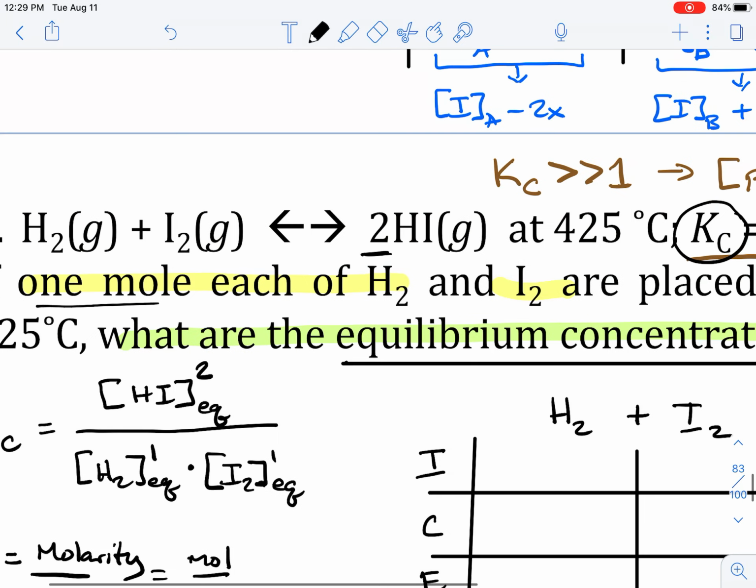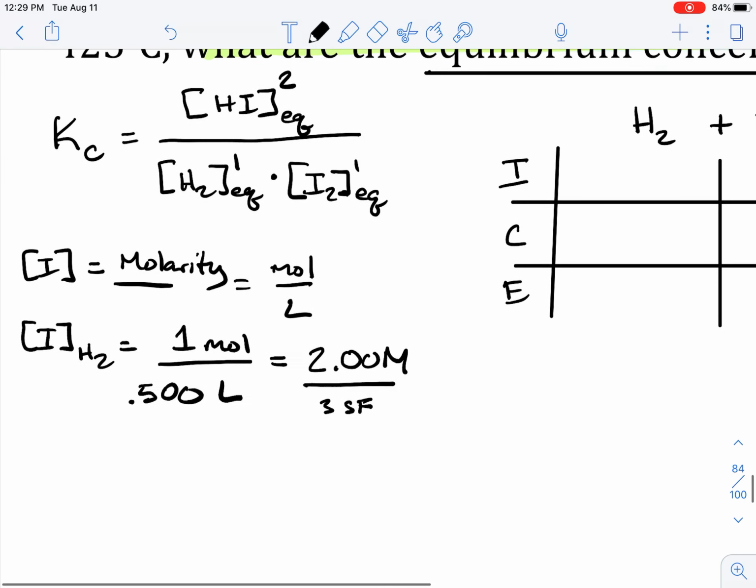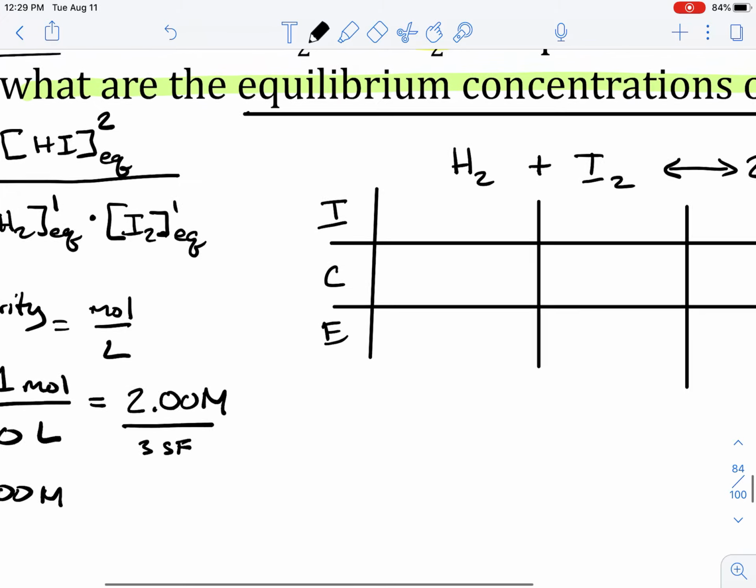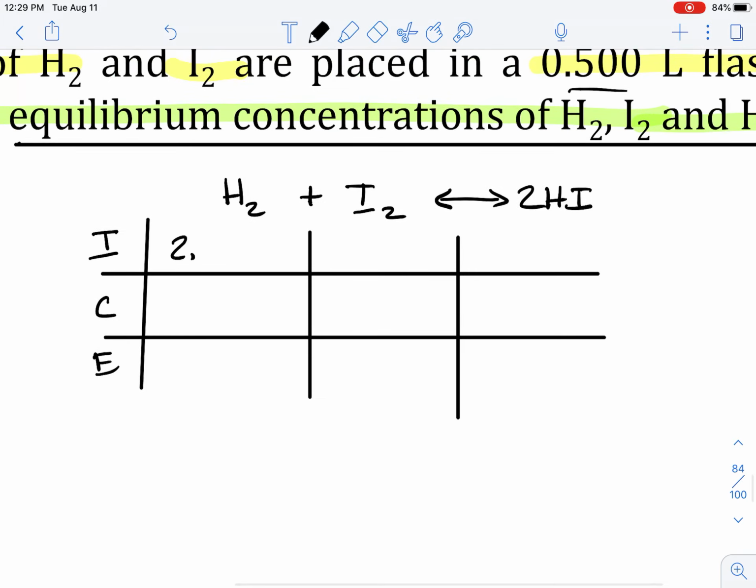And so since I have an equal concentration of iodine, then I also know that my initial concentration of I2 is equal to 2.00 molar. So here I have 2.00 molar concentration of H2, 2.00 molar concentration of I2.